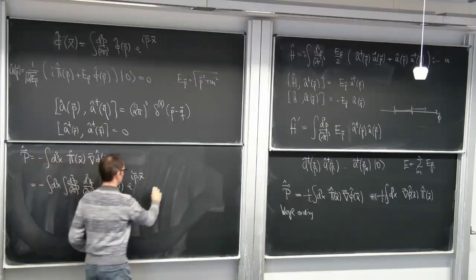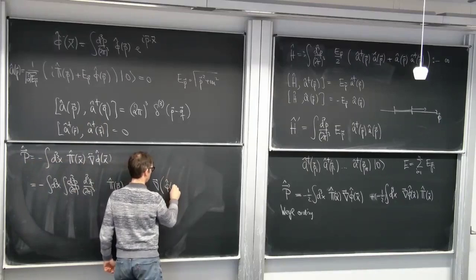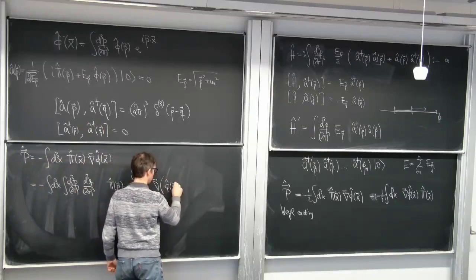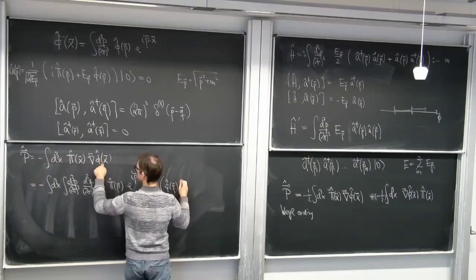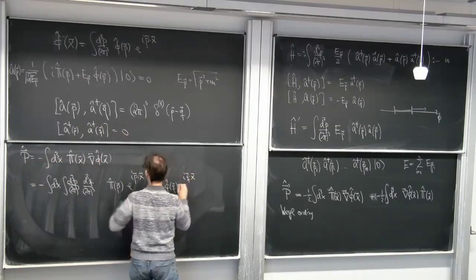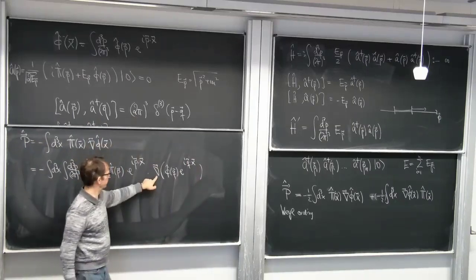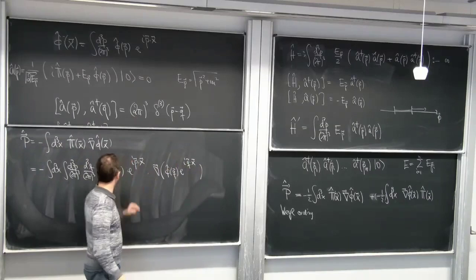And then we have the gradient of phi of q, and that comes with its own exponential, i q times x. It's the same x. And that's the derivative with respect to x, so this gives us down an i q.